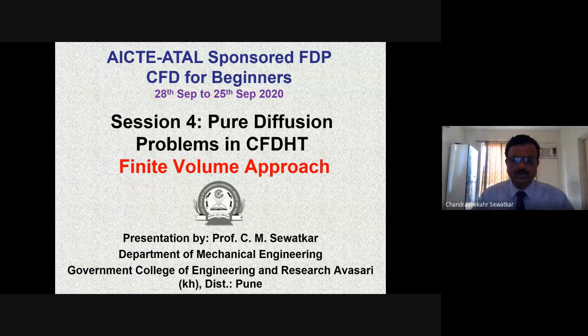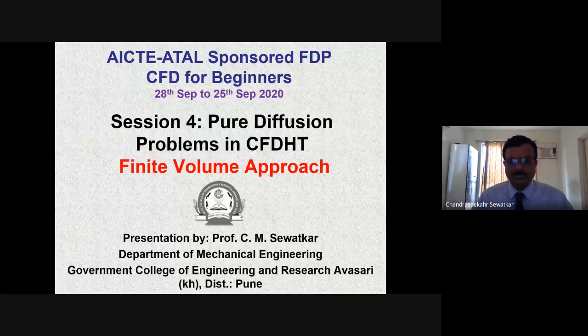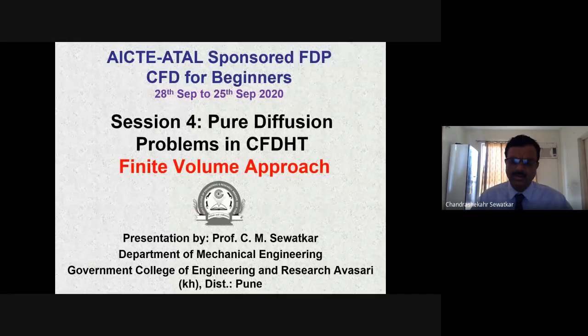What happens if we try to go ahead with the solution methodology for the entire Navier-Stokes equation in one go? It becomes very difficult for us to understand the solution methodology. So we break the entire Navier-Stokes equation into small pieces by considering particular phenomena.